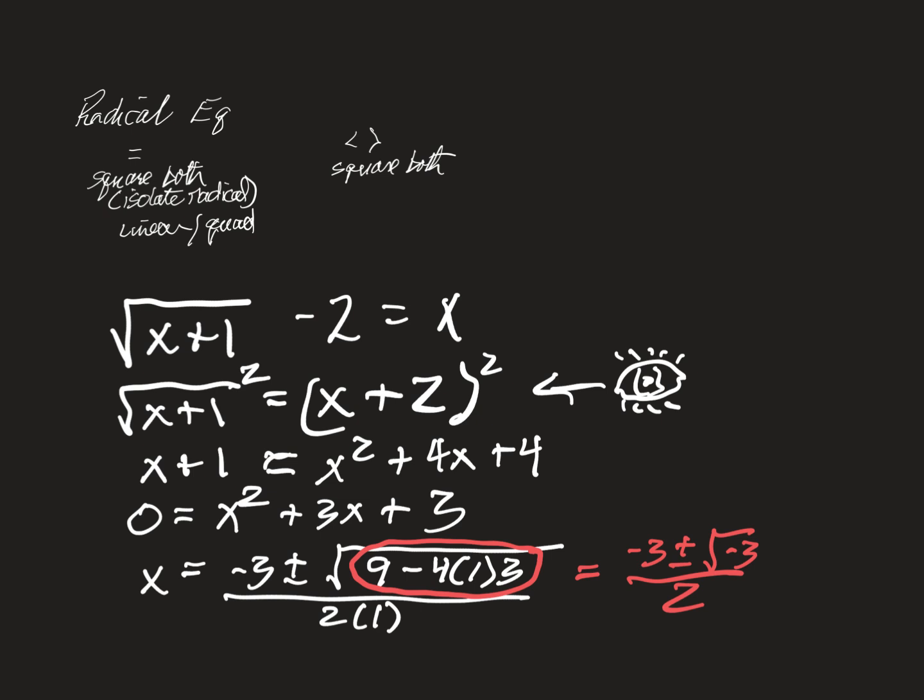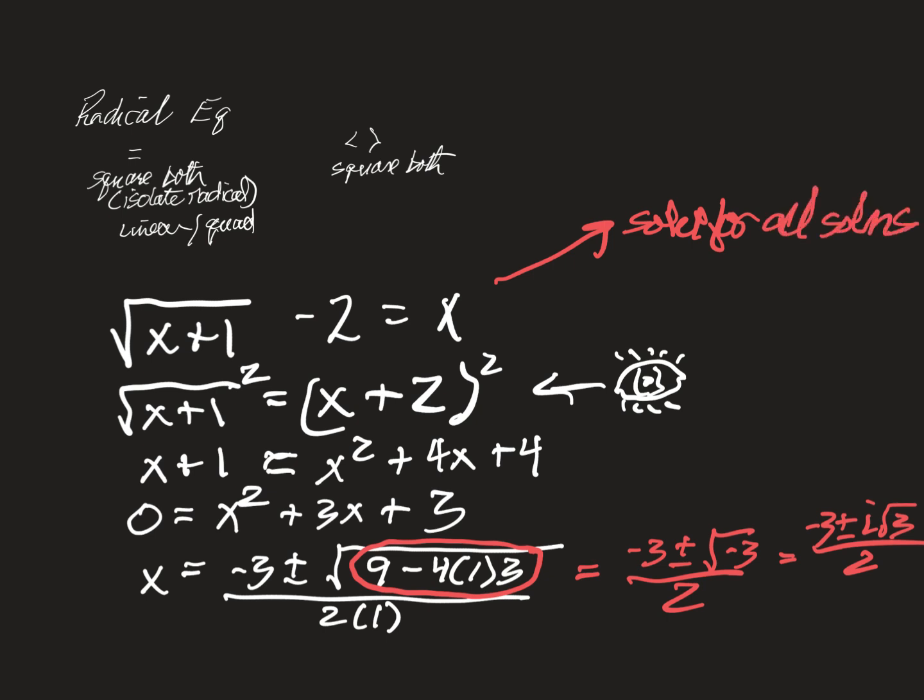So these are complex number solutions, all right? So negative 3 plus or minus i square root of 3 over 2. So we have two complex numbers that are the solutions of this particular radical equation. Now, just so you remember, if it says solve for all solutions, then you would keep this.